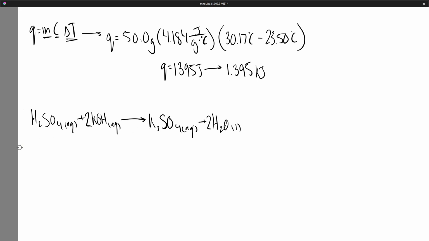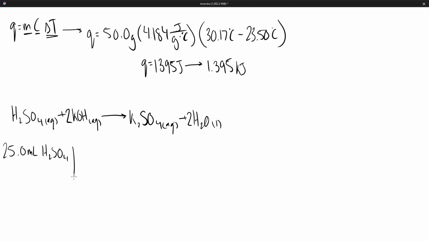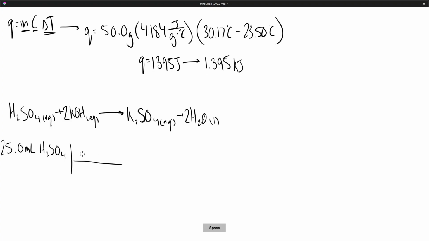Okay, so with this, now we can convert the volumes to moles. So 25.0 milliliters of H2SO4. To convert that to number of moles, first we've got to start off by converting it into a number of liters.